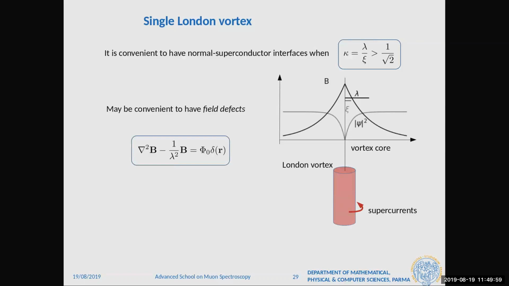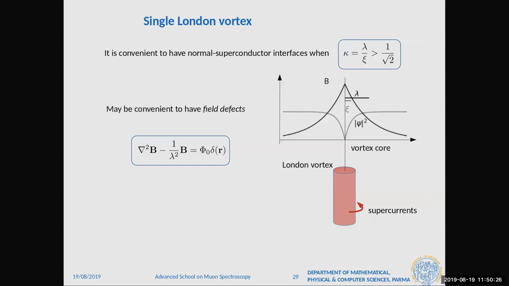Then around this field line you have two length scales, lambda and psi. And if you want to have superconductor outside, you have to have B decaying, like we have seen before, with lambda. And of course, where there is a field, it cannot be a superconductor, so this must be a normal point. But this is a defect, and then the rest is a superconductor. So it will recover superconductivity within psi.